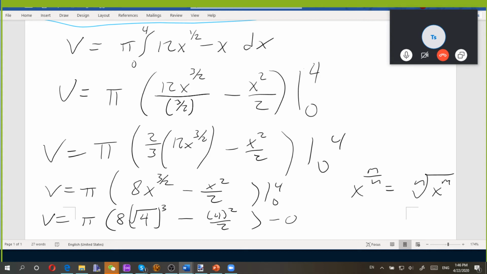Square root of 4 is 2, and then I'm going to cube that.